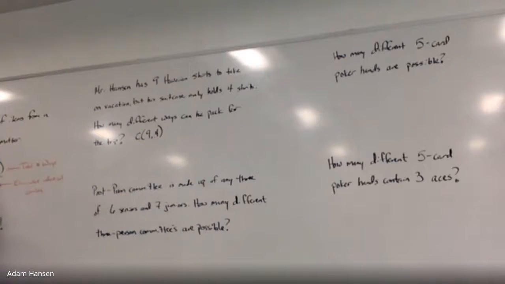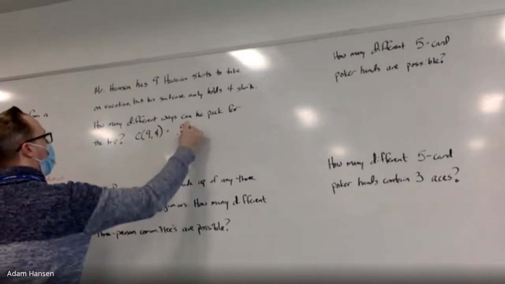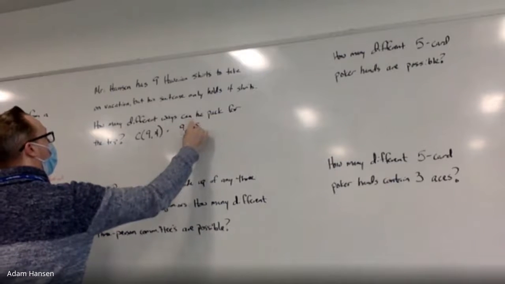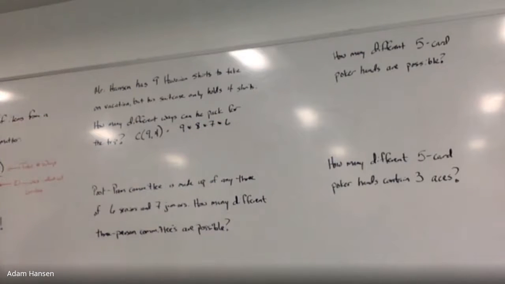How many combinations of 4 of them can I put in my suitcase? How many shirts can I pick from first? 9, then second, 8, then 7, then 6. That'd be how many ways in total I could pick the 4 shirts from the 9 in my closet, right?